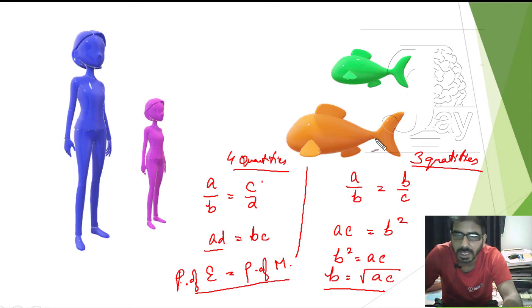The first one is known as the first proportional, and when we have four quantities, B is called the second proportional, C is called the third proportional, and D is called the fourth proportional.